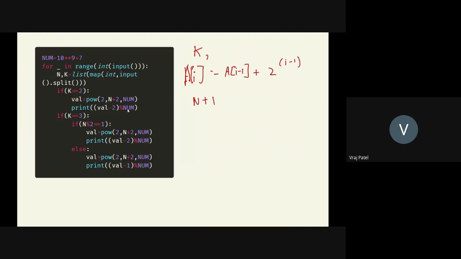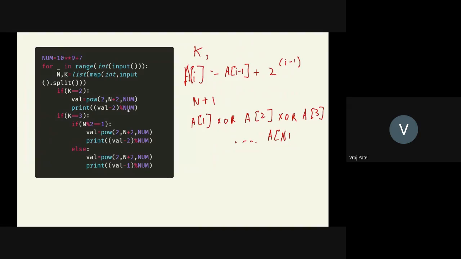Now you had to consider this array of n plus 1 elements, and print the XOR of all of the elements: A1 XOR A2 XOR A3 up till a n plus 1.